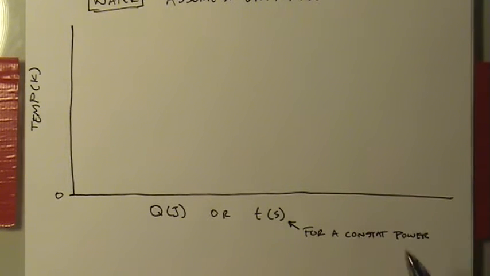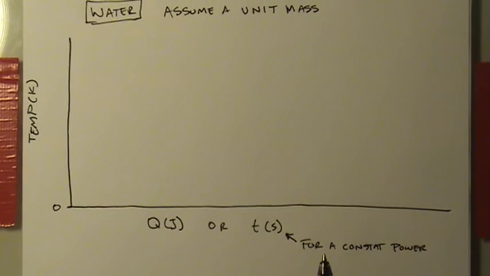If I assume that I just keep pumping the energy in at a nice constant rate, then I could look at this graph as a function of time, and the graph will look virtually identical. So I won't put any numbers on this axis. I just really want to look at the shape of this graph and the significance of this graph.